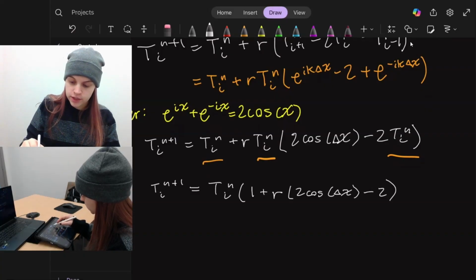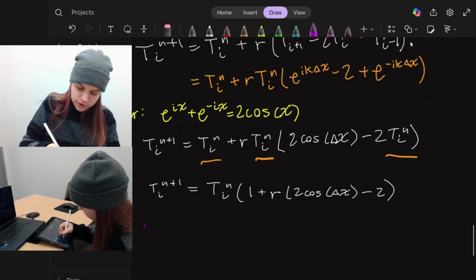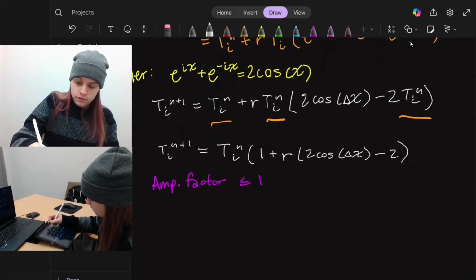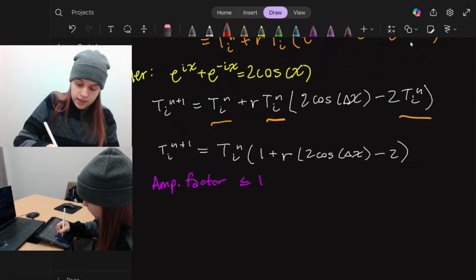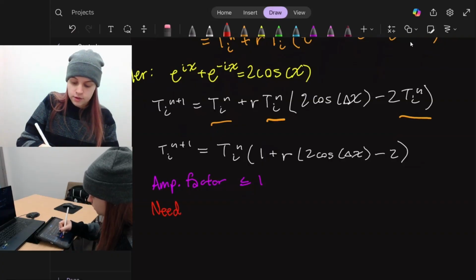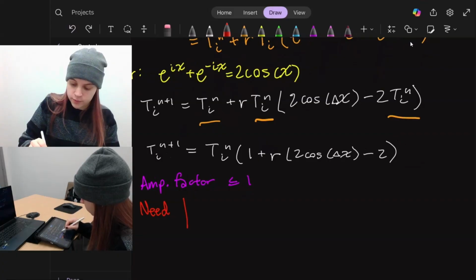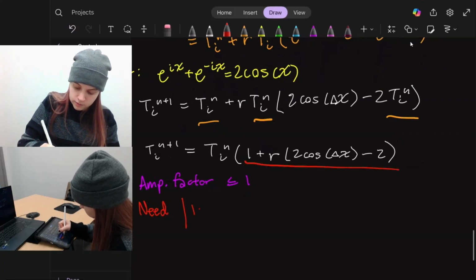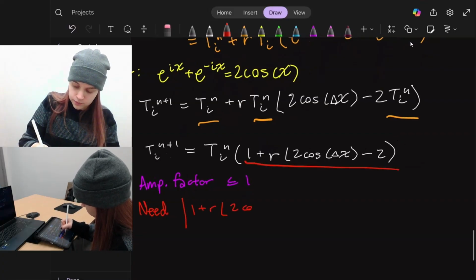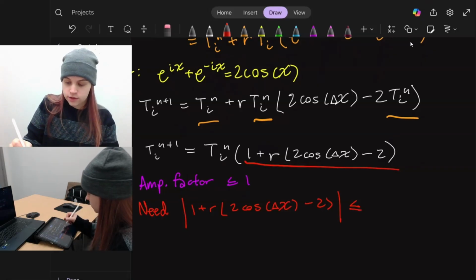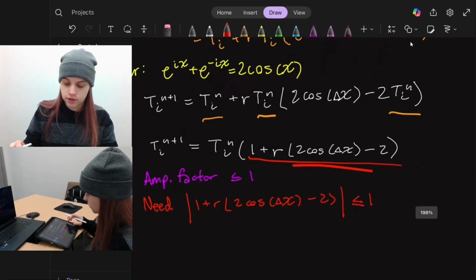And we need our amplification factor to be less than or equal to 1. We therefore need the absolute value of this term right here to be less than or equal to 1.